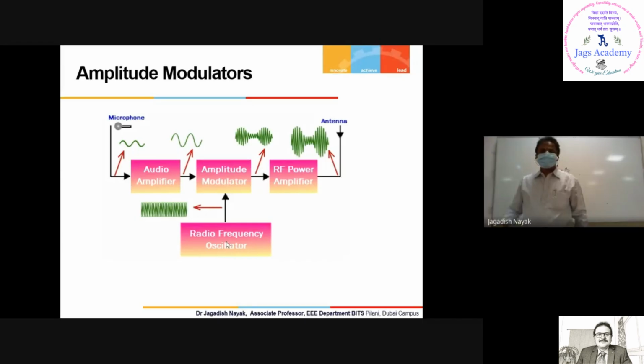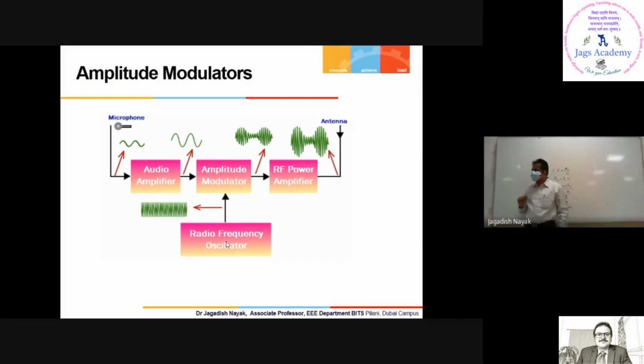So that's why it is an RF power amplifier, not a simple power amplifier. These power amplifiers work in the radio frequency range. You all know the dependency of frequency on an amplifier from microelectronics. You have seen the amplifier's frequency response.